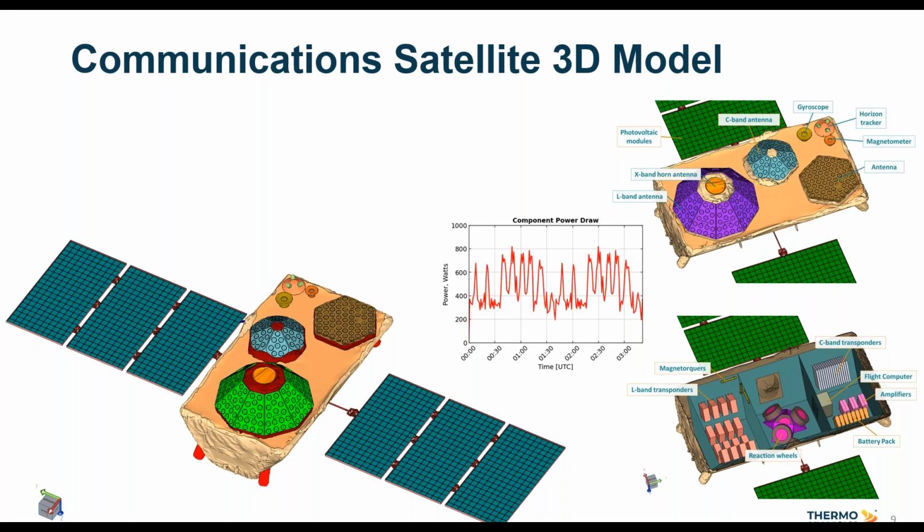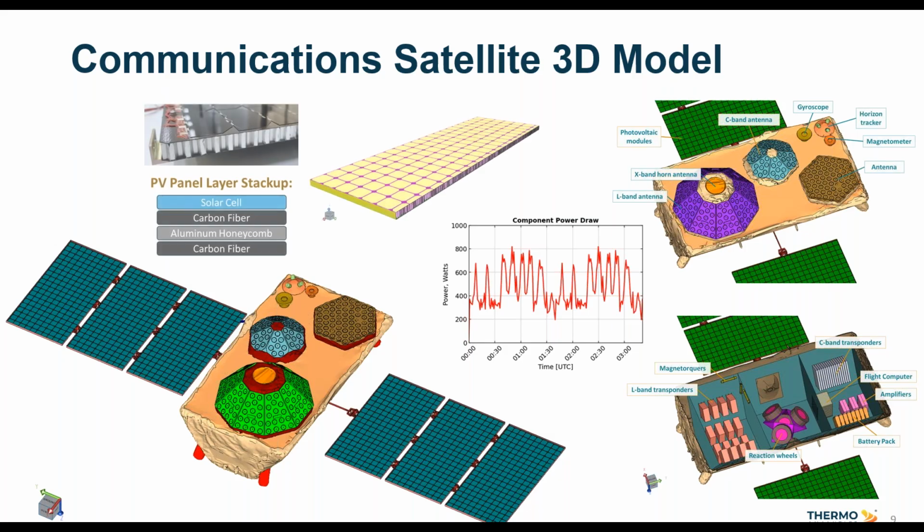If you look at the power draw of all those components and add it up, you get the red graph in the middle of the slide, showing the total component power draw. That's the power draw required by this satellite to fulfill its mission, and you can see it changing throughout the orbit itself.